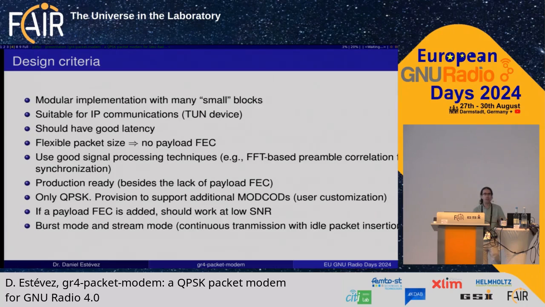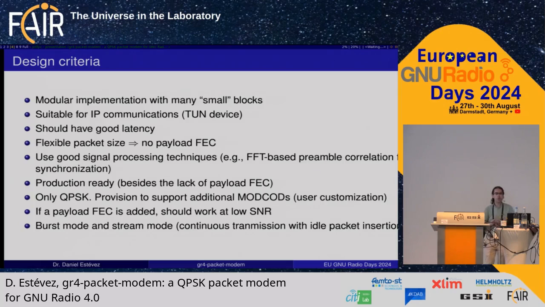You could do that. You could have a huge block, which is IQ data in, packets out, but then you're also not really testing the GNU Radio 4 scheduler or how buffers work. You're just testing it in a very limited way. So modular, many small blocks.